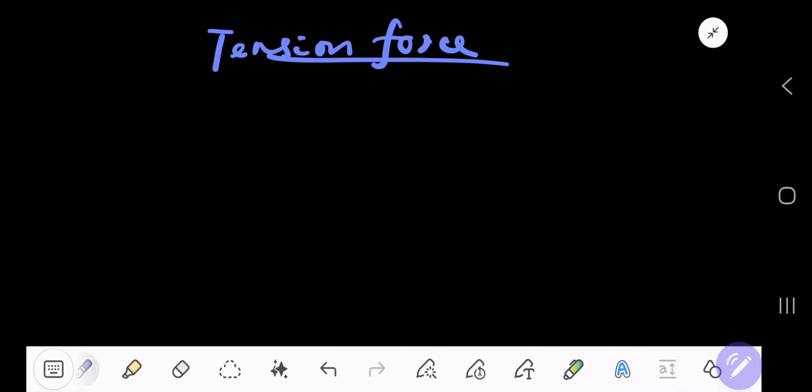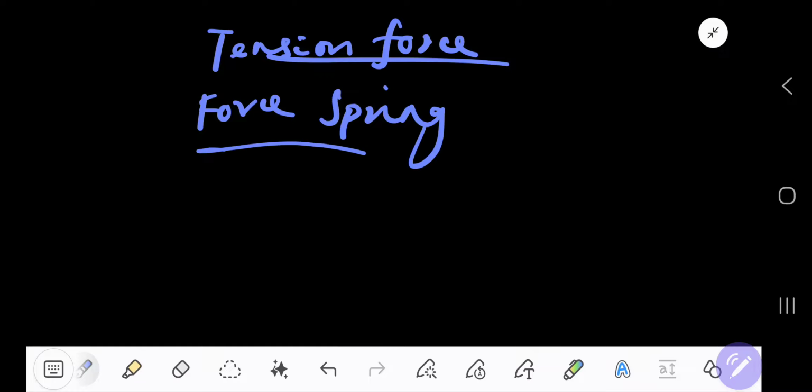There are other contact forces like tension force as applied through strings, force exerted by a spring, and there's also muscular force, but that's about it.